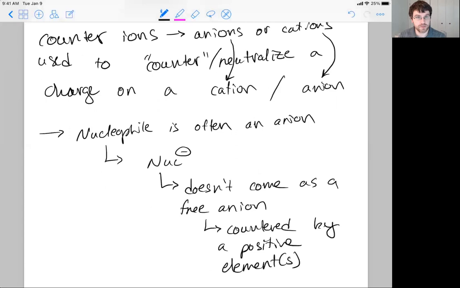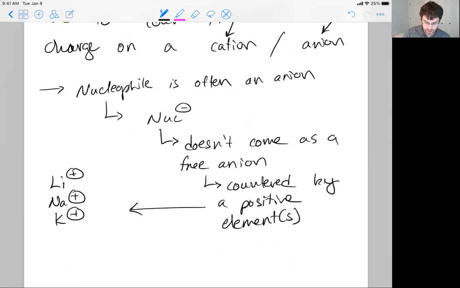So it's going to be countered by some positive element, and for us, that's going to be lithium plus, sodium plus, potassium plus. These are all really good contenders. Could it be other things? Sure, yeah, no problem. But sodium, potassium, and lithium, these are the ones that we're going to see for the most part.